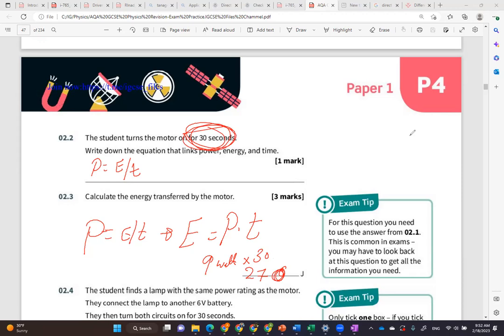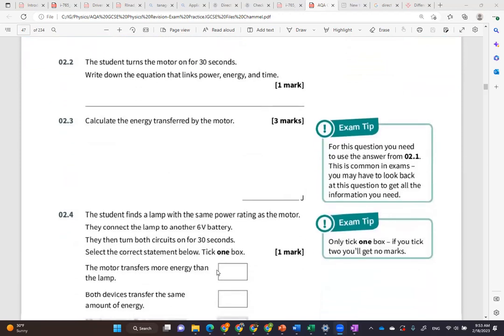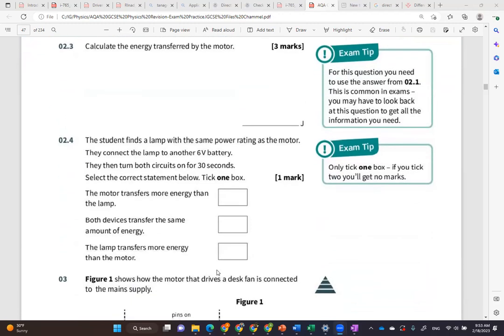Let me go down to 2.4. The student finds a lamp with the same power rating as the motor. They connect the lamp to another 6-volt battery. Then they turn on both circuits for 30 seconds. Select the correct statement below.